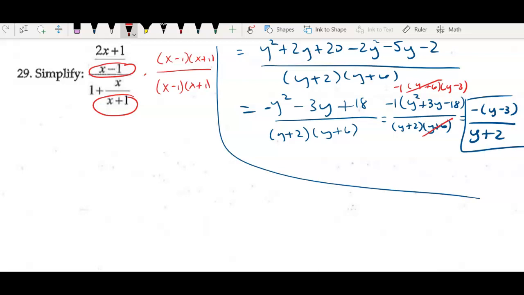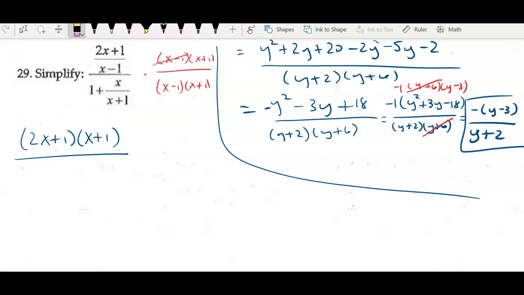Notice that's just 1. When you distribute in the numerator, notice the x minus 1's cancel. And what are we left with? 2x plus 1 over x plus 1. Now, be careful, though. In the denominator, we actually have two terms. We got this term and that term.